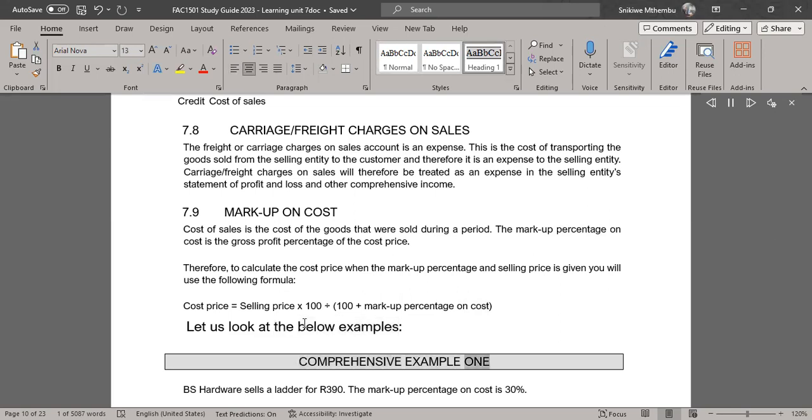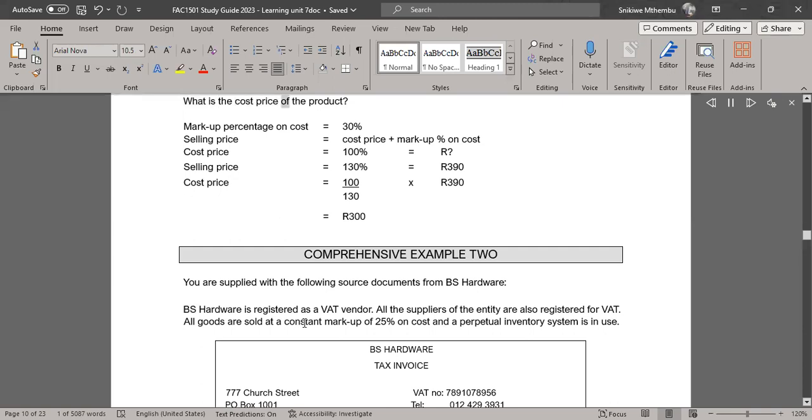Comprehensive Example 1. BS Hardware sells a ladder for R390. The markup percentage on cost is 30%. What is the cost price of the product? Markup percentage on cost. Selling price equals 130%, which is cost price plus markup percent on cost of 30%.